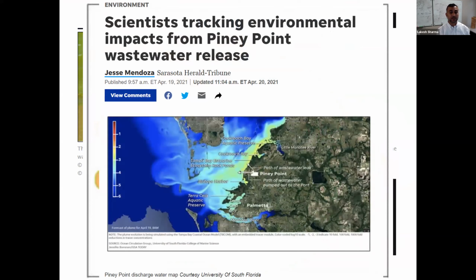We have a lot of eutrophication happening and nutrient loading into the water bodies from different agriculture commodities.